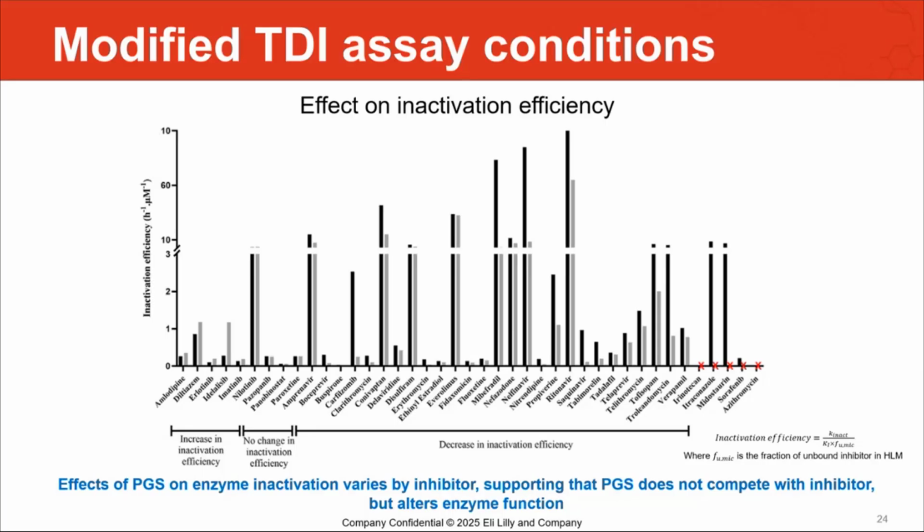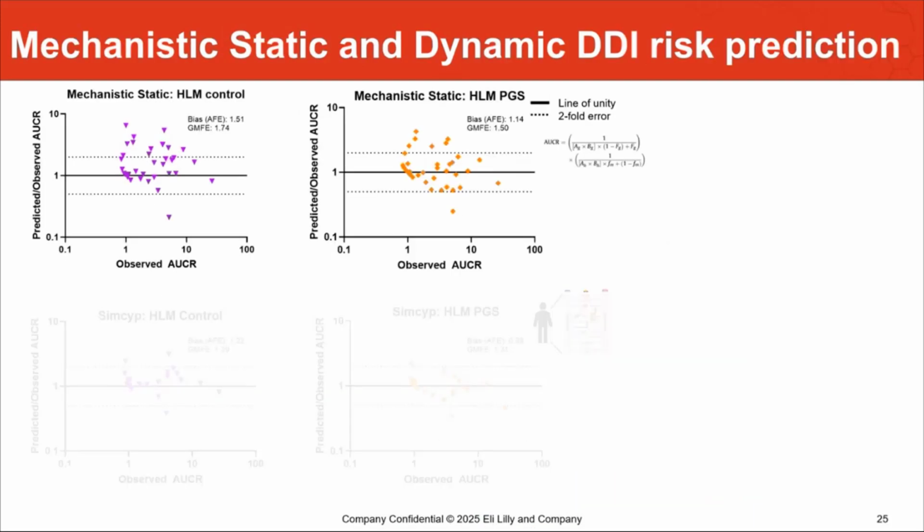Now, we've seen that we have altered the inactivation of different enzymes, both an increase or decrease or no change at all. And the question is, what happens if we then use these new values and try to predict the drug-drug interaction risk? And so we did this both for mechanistic static and dynamic modeling.